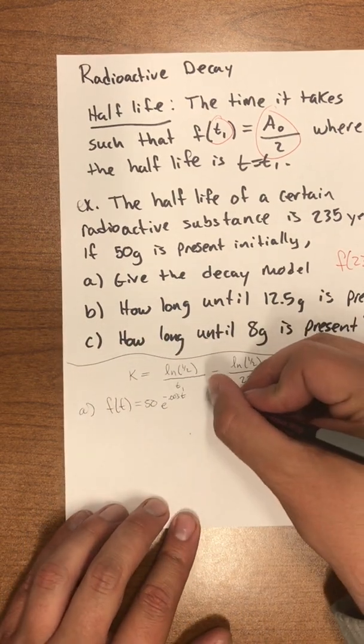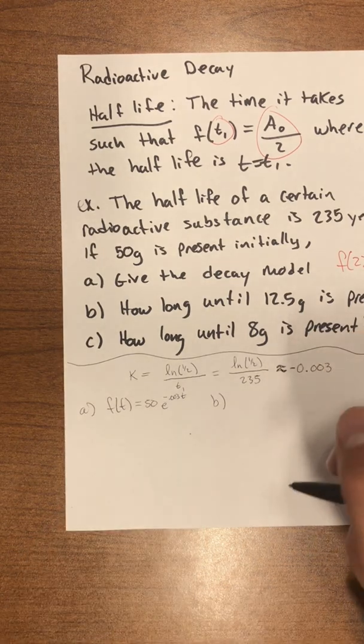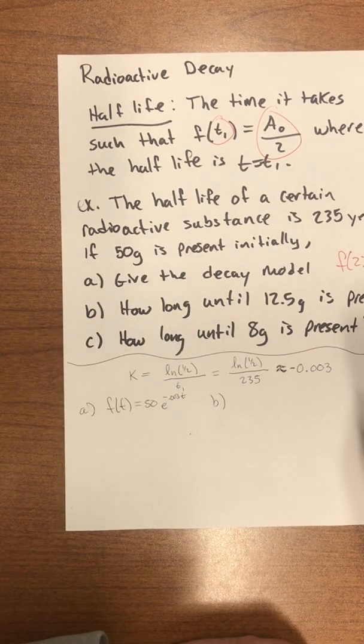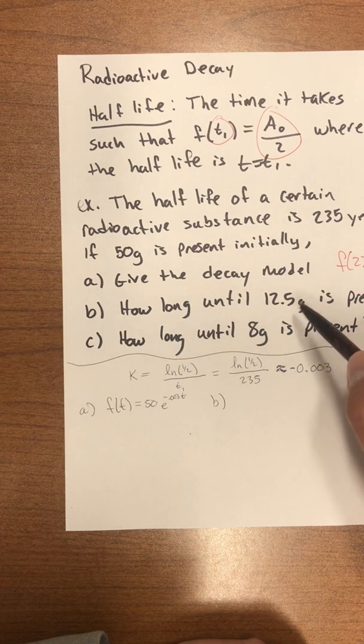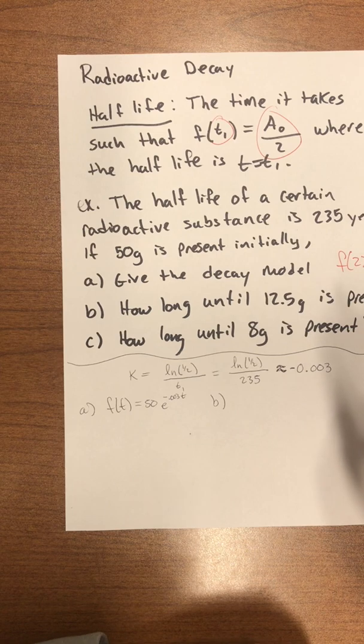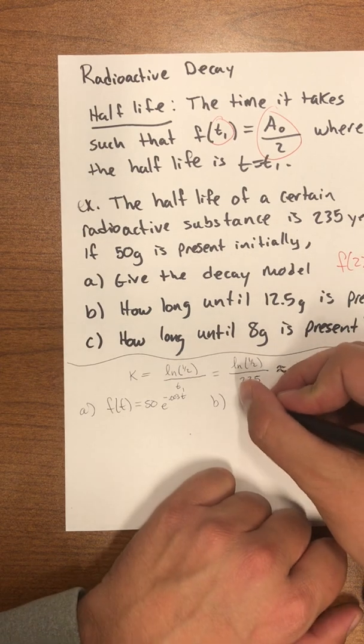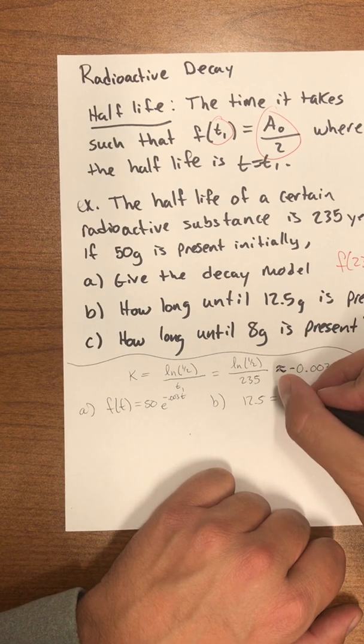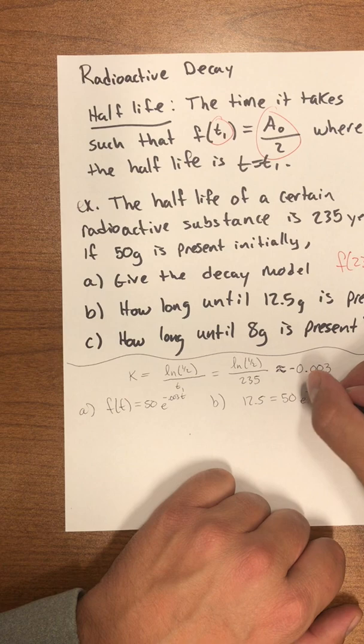Now part B we can do analytically, but let's plug in the amount 12.5, solve it, and then we'll show you what I mean when I say we can answer this question analytically. So how long until 12.5 grams is present?